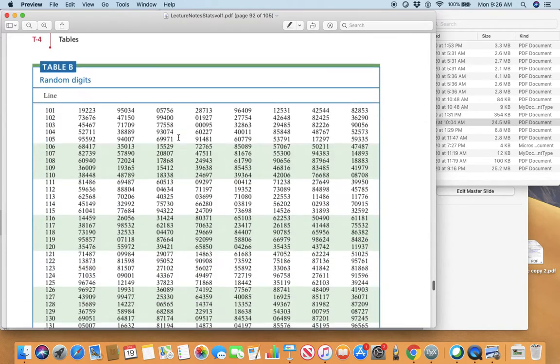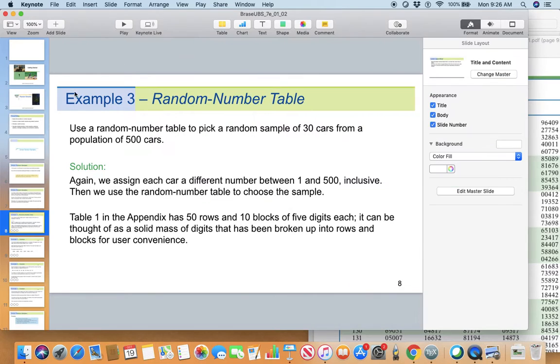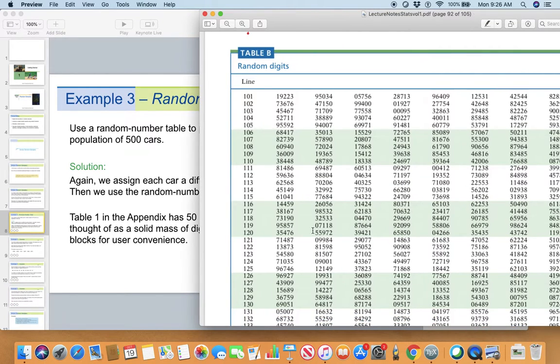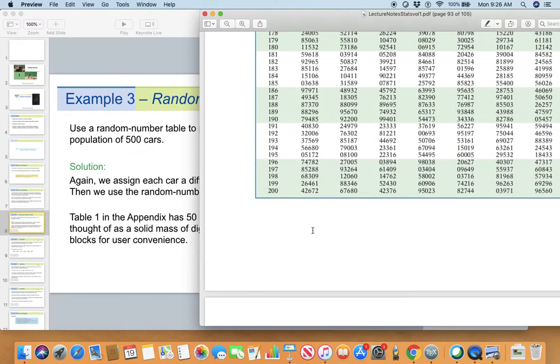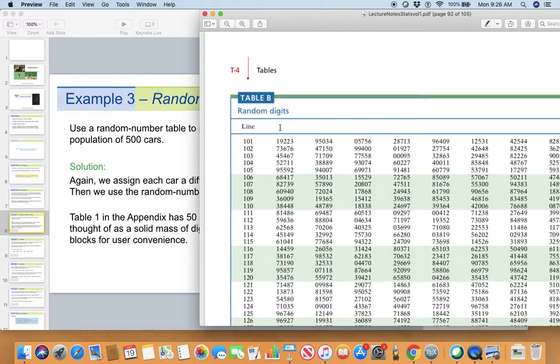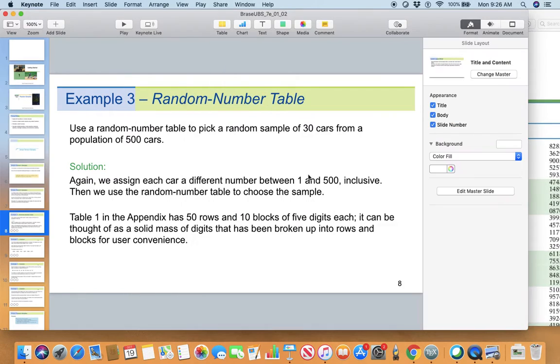All right. So, what are they saying? The table has 50 rows and 10 blocks of each, right? So, there are 50 rows. These are the rows, and each row has 10 columns. Okay.